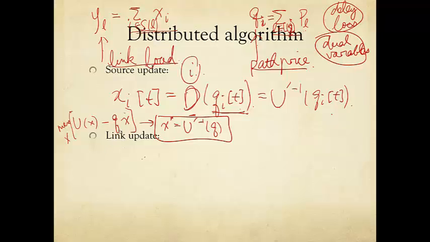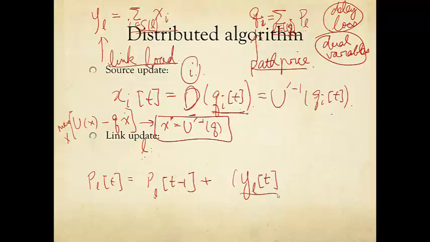And each link L will also autonomously execute the following computation. It will update the link price at time t from the link price in the last iteration t minus 1 by updating it with the following summation. You look at the Y sub L at time t, the link load at this point, and the supply.